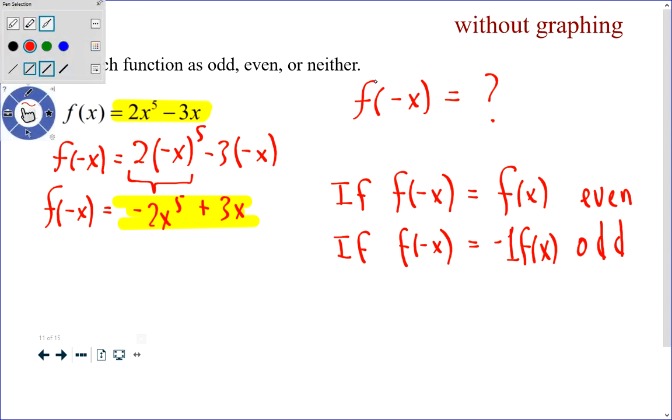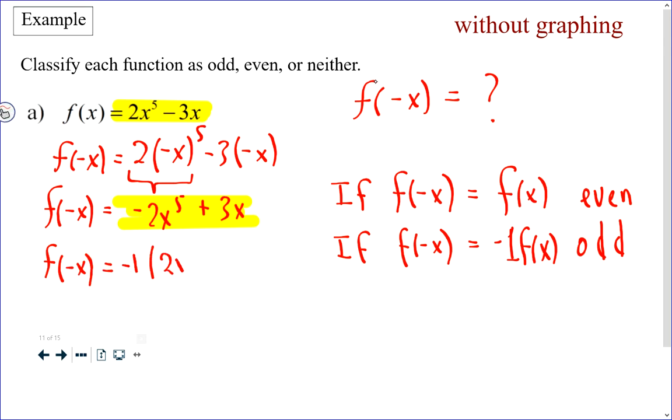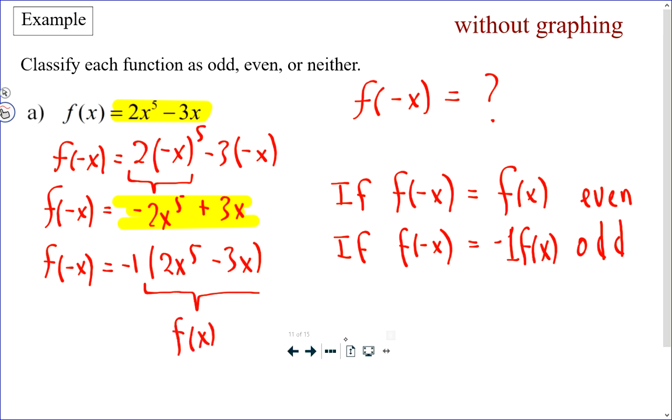You can either see that by just saying that all of the terms are negatives of each other, or you could factor out negative 1 and be left with 2x to the 5 minus 3x. But this is f of x. If you look at the top where we started, that's f of x. So f of negative x equals negative 1 multiplied by f of x. Well, that means it's odd. So this function is odd.